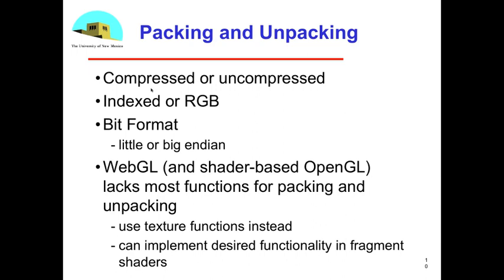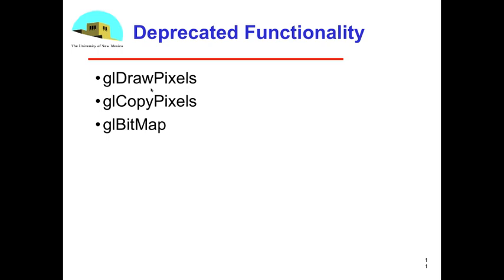There were a couple of functions, just to mention, that were in desktop OpenGL that are now deprecated. In a way, I miss them, but they didn't run very fast, and they could be done other ways. There was a function called draw pixels, where you would give it a block of RGB or RGBA values and just tell it where in the frame buffer you wanted to put that block.